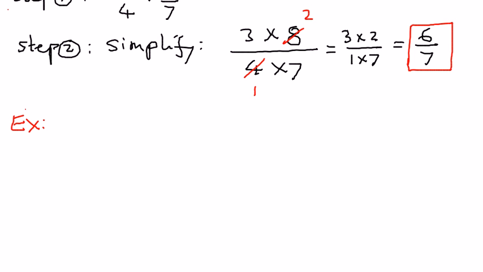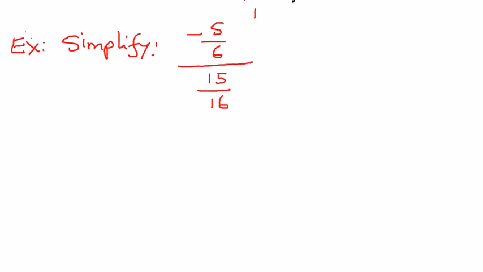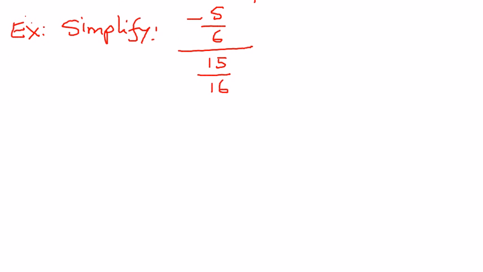Let's take another example. Let's say this time we want to simplify, let me write this, negative 5 over 6 divided by 15 over 16. So let us try to break it down into some simple steps. Step number 1. We have a fraction in the numerator, we have a fraction in the denominator.